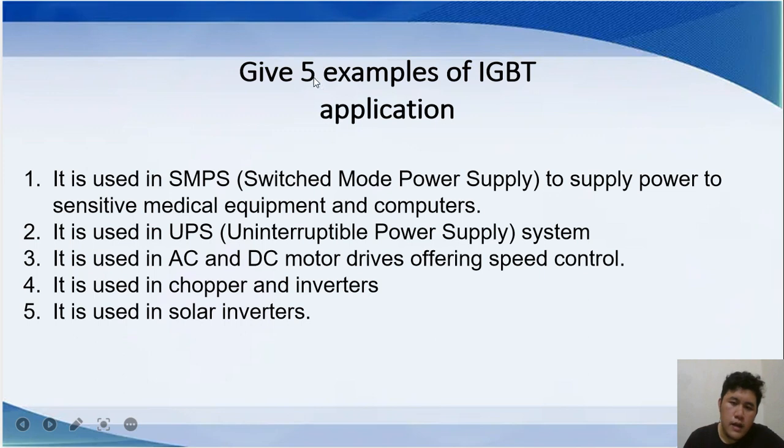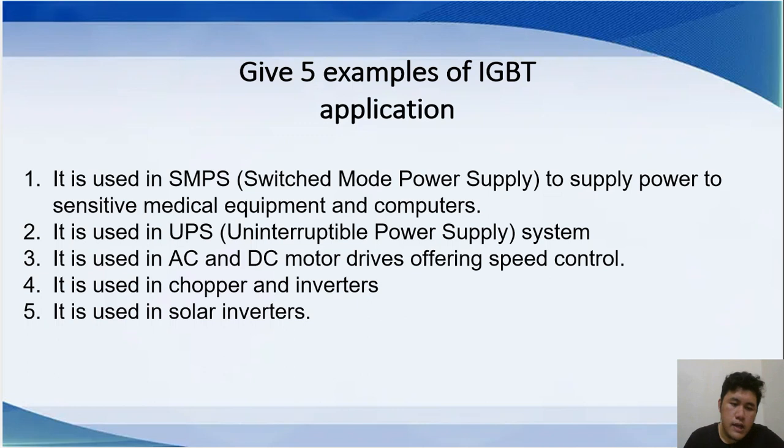Next is to give 5 examples of IGBT application. Number 1, it is used in SMPS, which is switched mode power supplies, to supply power to sensitive medical equipment and computers.